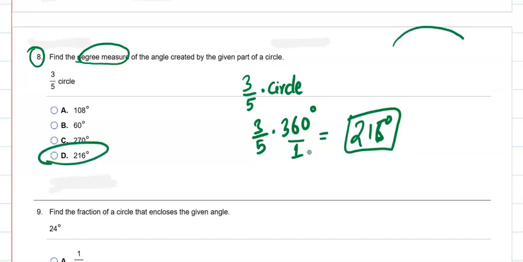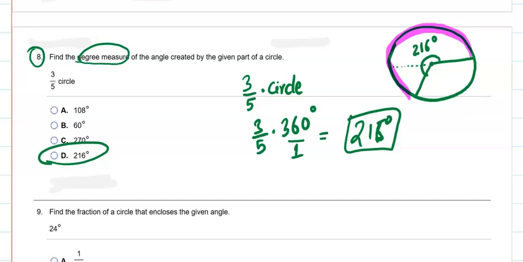Another way you can see it is as a circle here, and this is the radius, and notice that this straight line is 180. As I said, this angle here is 216 degrees, and this part here is not the whole circle, but this part is 3/5 of the circle.